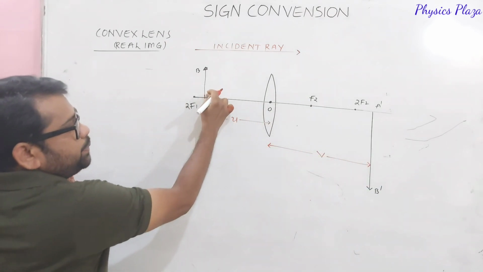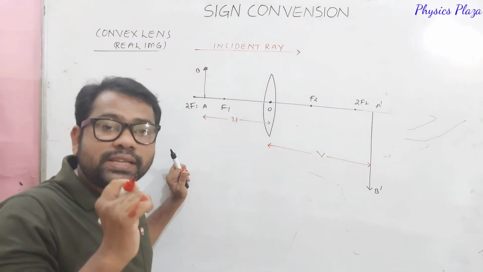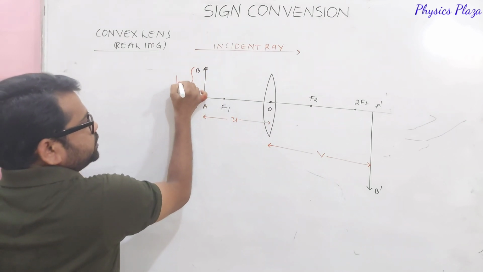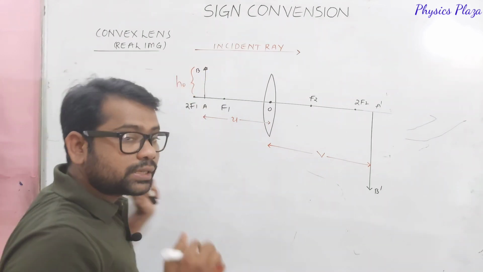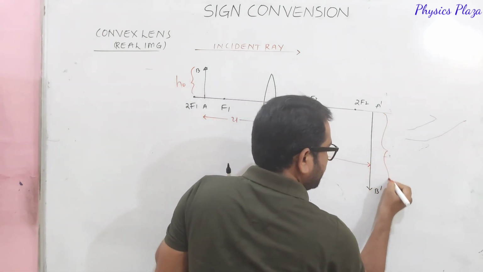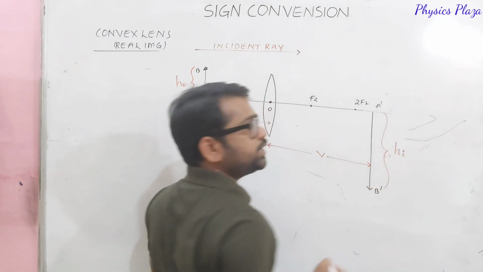And here AB, above the principal axis, is the height or size of the object. This we will represent with H0. Children, H0 is the size of the object. And here HI is the image height.